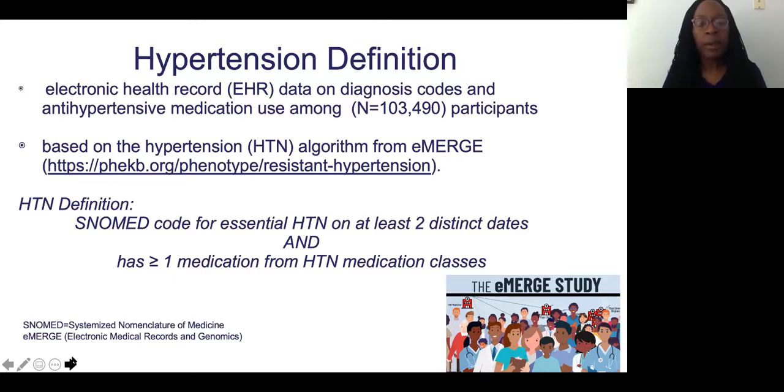Those are some of the diseases that they've worked on. And so our hypertension definition was a SNOMED code for essential hypertension on at least 2 distinct dates, and they had to have at least one medication from common hypertension classes, such as beta blockers, calcium channel blockers, the medications that we usually use to treat hypertension.